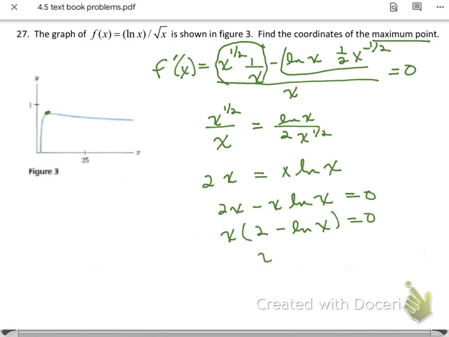Okay, I have 2 possible roots, x equals 0, and natural log of x equals 2. Do you see that? So let's think about the x equals 0. Can I actually use x equals 0 in my original function? And the answer is no for 2 reasons.